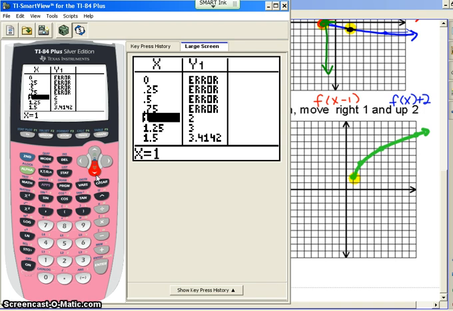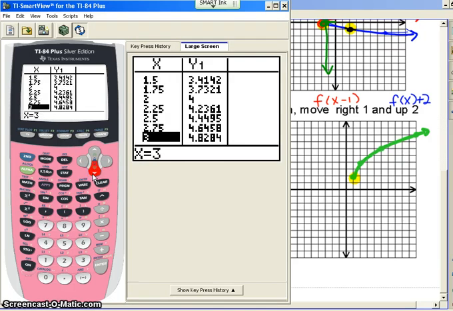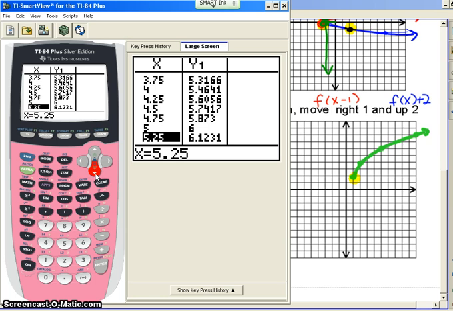So the point 1, 2 is an easy point to graph. 5, 6, and so on. This is just one way that you could actually come up with some values.